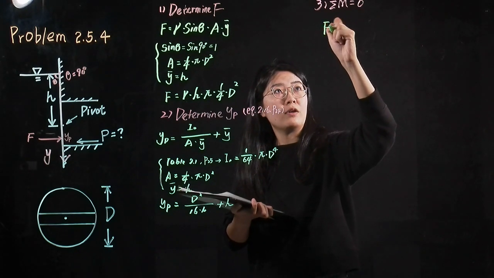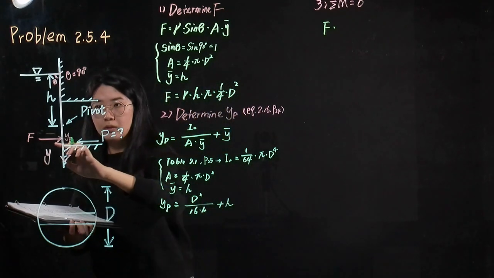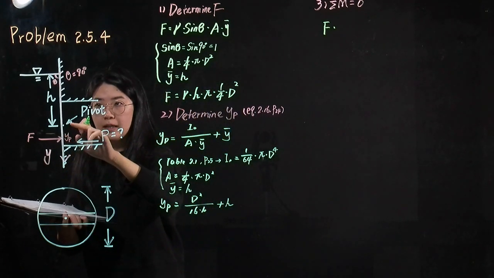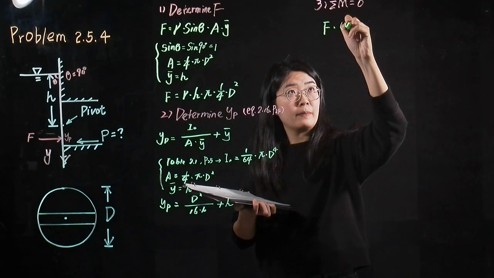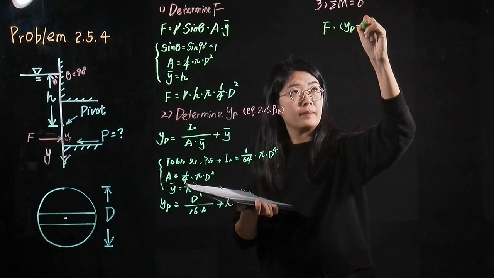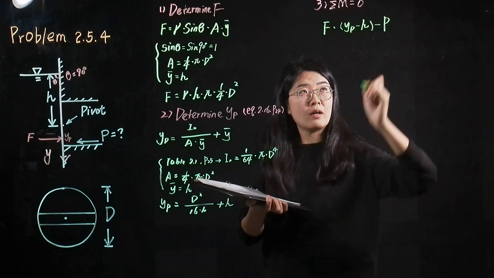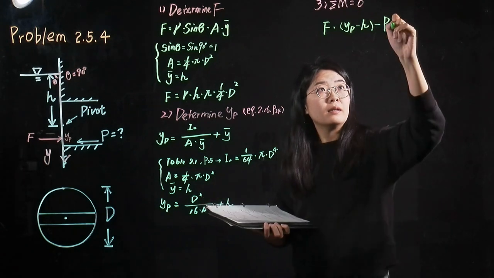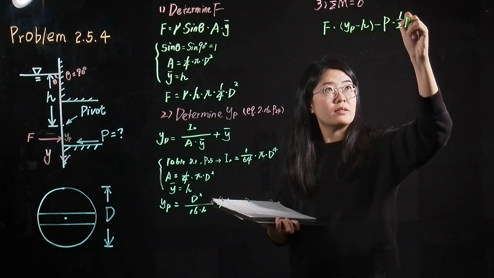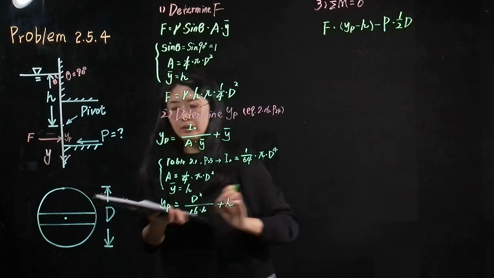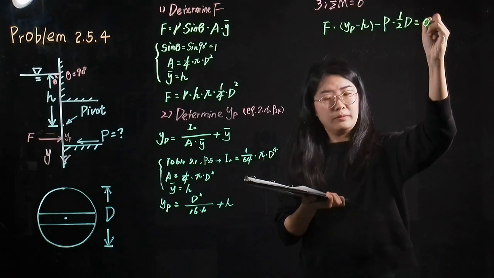The hydrostatic force times its distance to the pivot, it should be yp minus h, minus the horizontal force P times the distance, which is half of the diameter, is equal to 0.